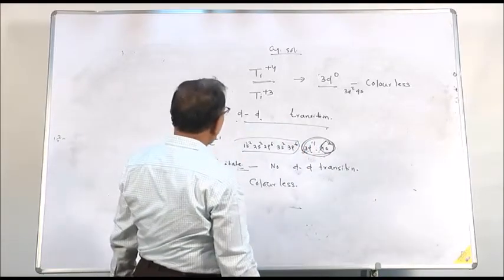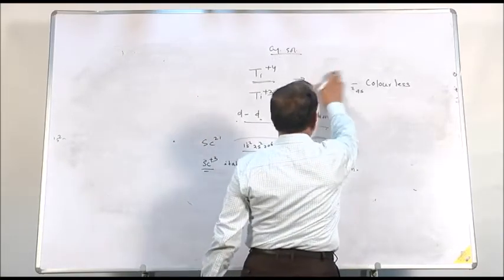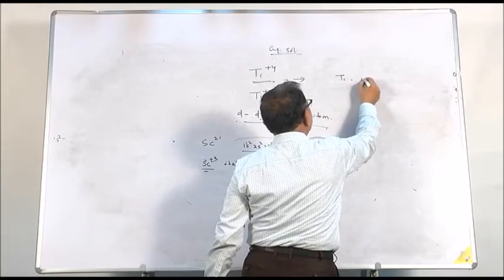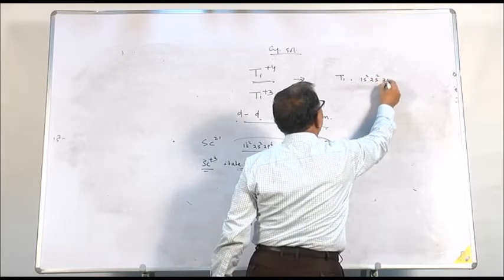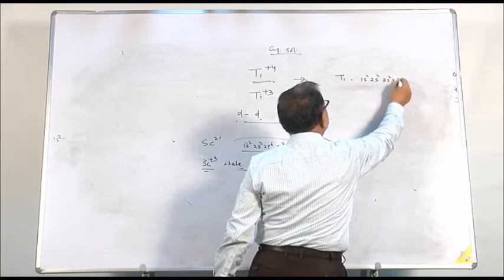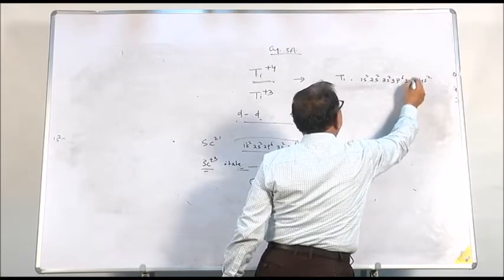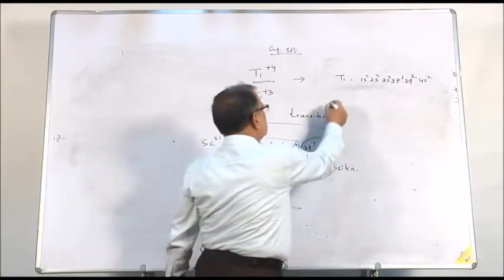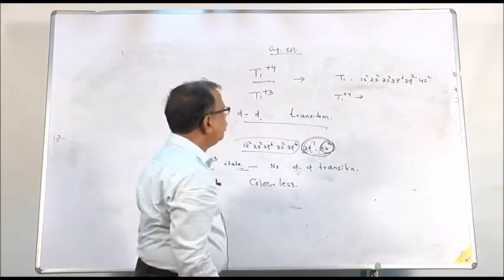So in the case of titanium plus 3 and titanium plus 4, let us discuss. First write down the configuration of titanium: 1s2 2s2 2p6 3s2 3p6 4s2 3d2. Now, is titanium plus 4 colored or colorless?